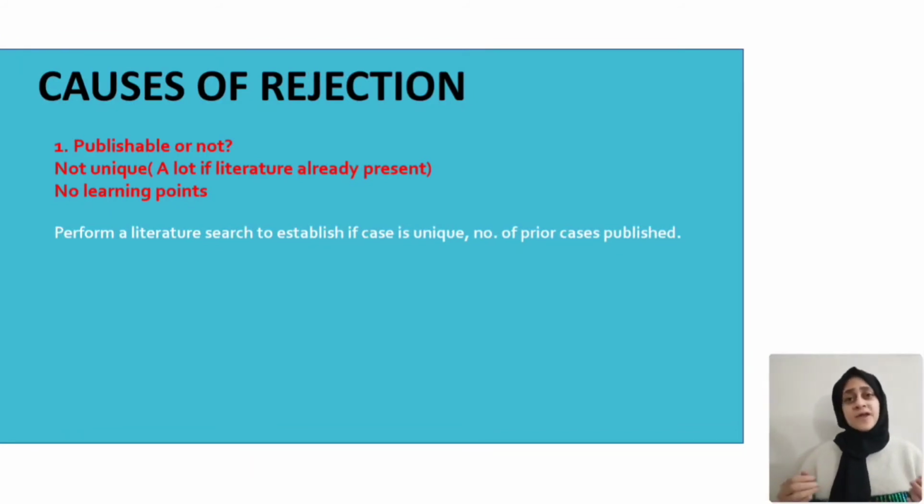If your case report is not going to be unique, or there's already a lot of literature present, or there are going to be no new learning pointers out of your case report, then there's a high chance of it getting rejected. To solve that, make sure you perform a literature search to establish if your case is unique or not, to find out how many prior cases have been reported, and to compare whether the prior cases and your case are any different in any aspect.